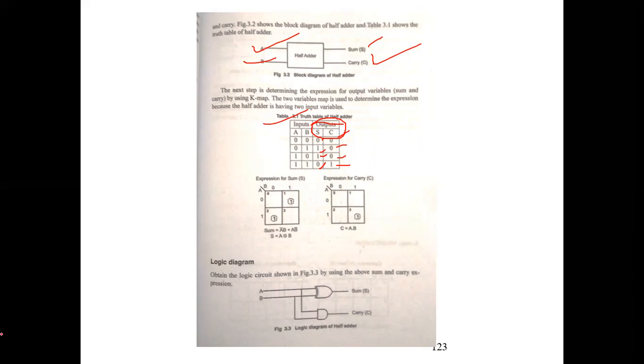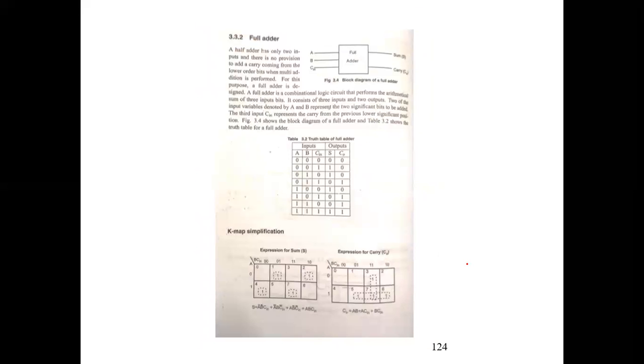So finally you will get the two equations. Using the equations you have to draw the logic diagram. This is the half adder combinational circuit design. Same as full adder, but you are putting 3 inputs A, B and C in, with the same 2 outputs, sum and carry.